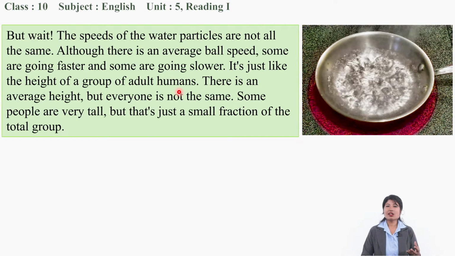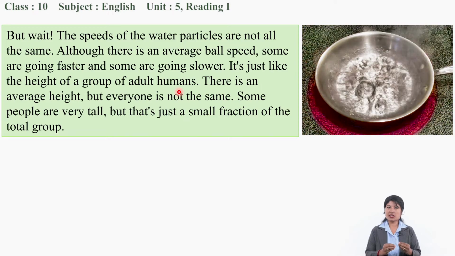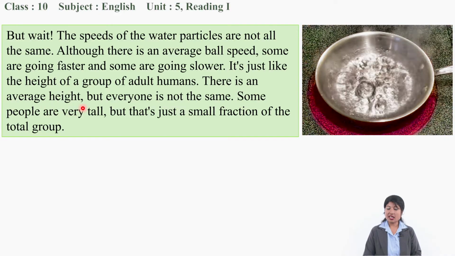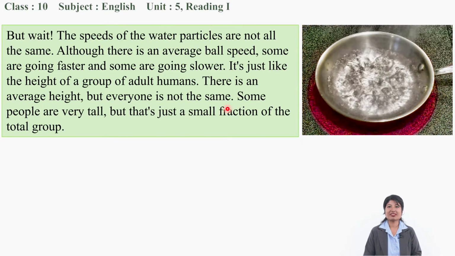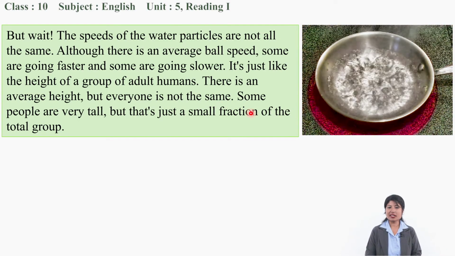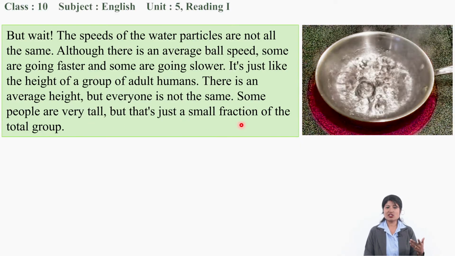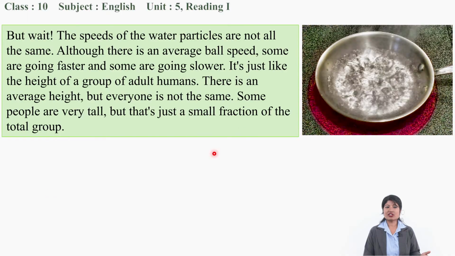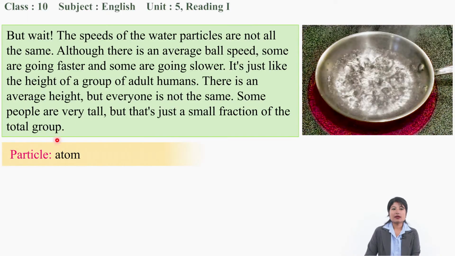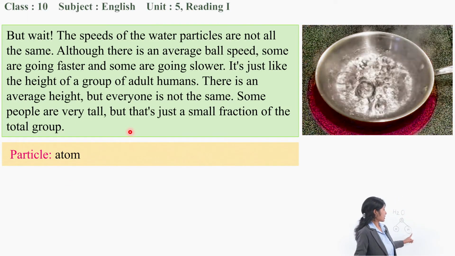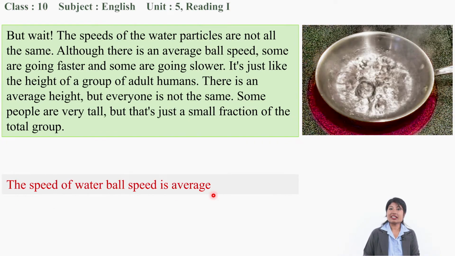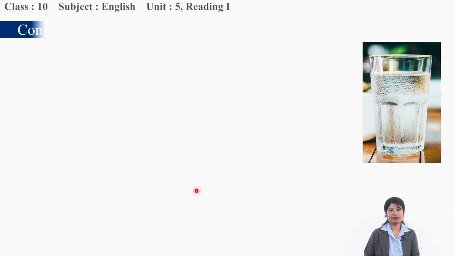There is an average height, but everyone is not of equal size. Some people are very tall, some are just a small fraction of the total group. Particles means separate atoms. So the speed of the water balls is an average, not exact.